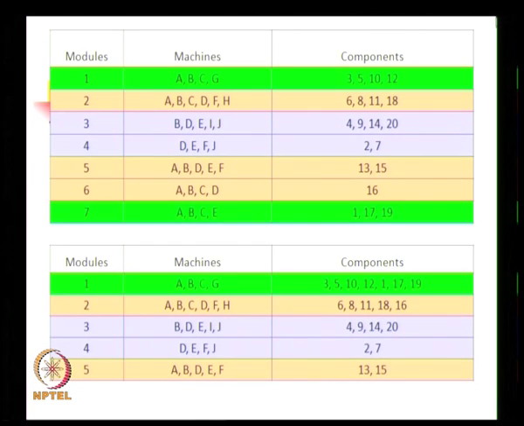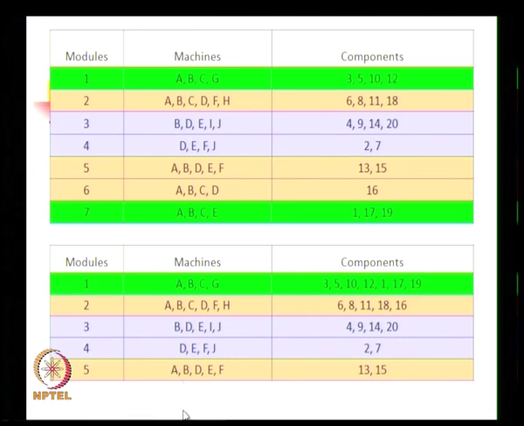So, when we merge, the first thing that comes to our mind is this ABCD is a subset of ABCDFH, and therefore, this module will merge directly with this and 16 will go to this.